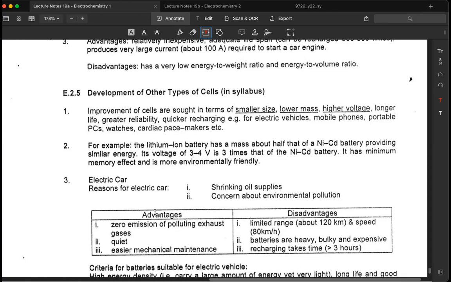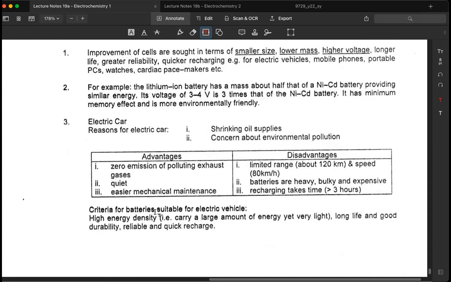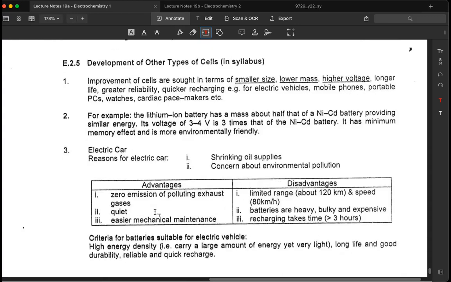Of course, efficiency is very important. If you can make something green and very efficient, you are good for it, and it's not too expensive. And also you must look at a lot of factors like this. In choosing the correct battery, the good battery, you also have to make sure that it's not so noisy, and easier to maintain.